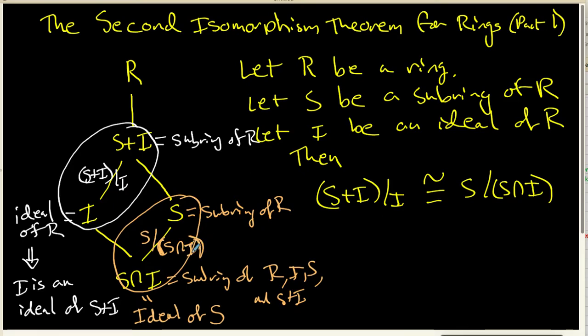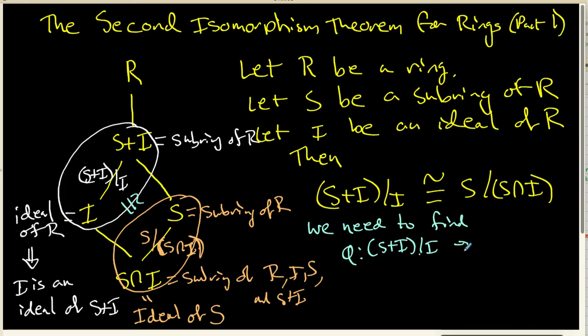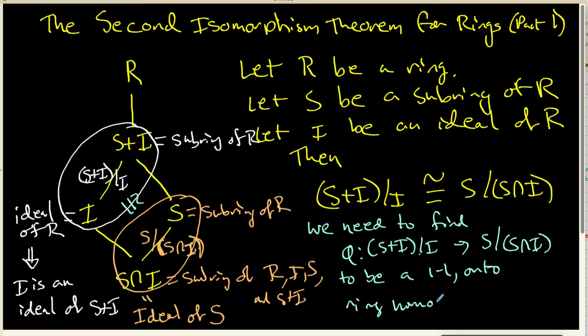What the statement of the second isomorphism theorem says is that these two quotient rings are isomorphic to each other. Now, in order to prove that they're isomorphic, we need to find a map phi that goes from S plus I mod I to S mod S intersect I, and we need this map to be a one-to-one onto ring homomorphism.